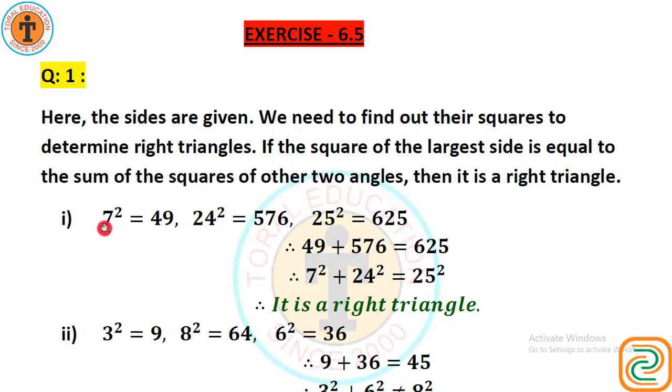So first of all, 7 square is 49, 24 square is 576 and 25 square is 625, right? Therefore 49 plus 576 is equal to 625. If we add both of these squares, then we get the third one. Therefore it is a right triangle.